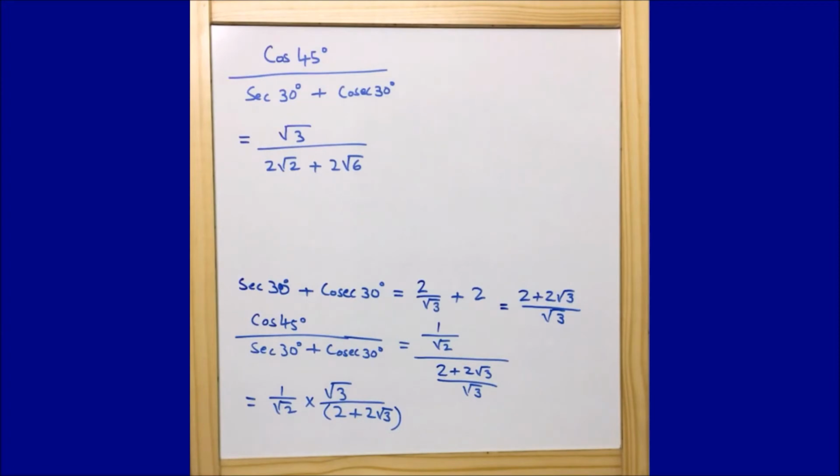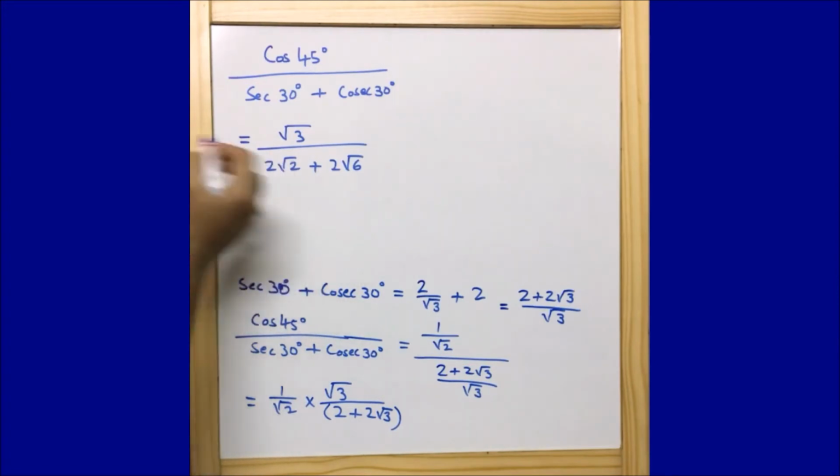Now guys, if we get a root value in the denominator, it is always advisable to take out that root, so that we are not left with any root values in the denominator. We should move the root values to the numerator. For doing that, here we have 2 root 2 plus 2 root 6.